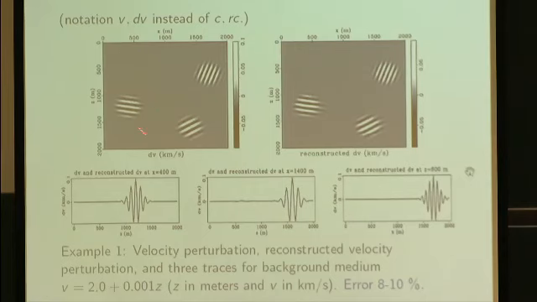This is the velocity perturbation, and this is the reconstructed velocity perturbation. What you see is familiar in these images. You see some artifacts, the resolution in this parallel direction is not so good, but it's very small because we did a very careful tapering for the data.